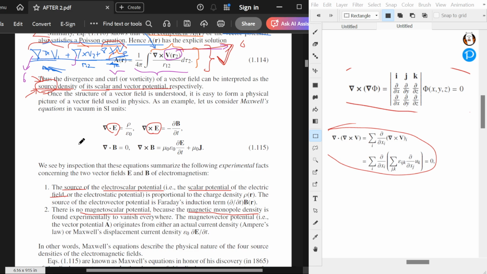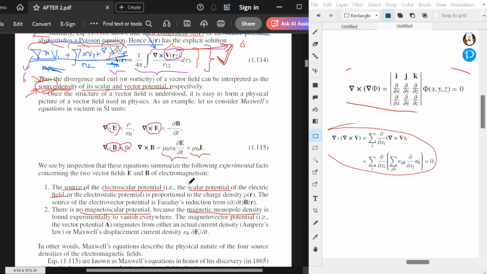I see. The vector potential A originates from the actual current density, or Maxwell's displacement current density.